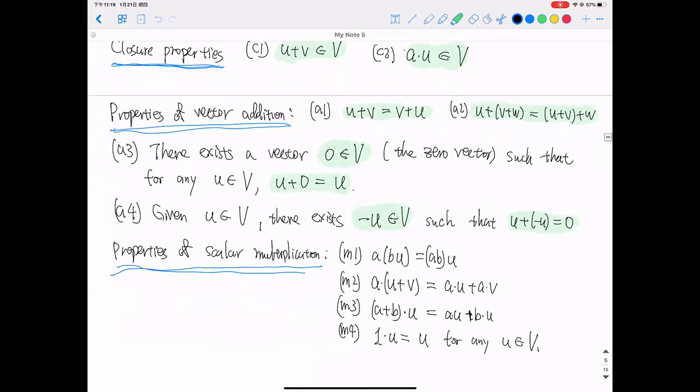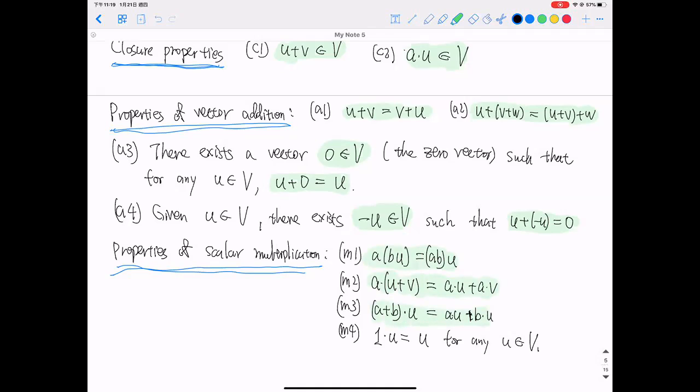Okay. The last class of properties is about scalar multiplication, and there are 4 of them again. One is a times (b times u) is ab times u. a times (u plus v) is au plus av. (a plus b) times u is au plus bu.